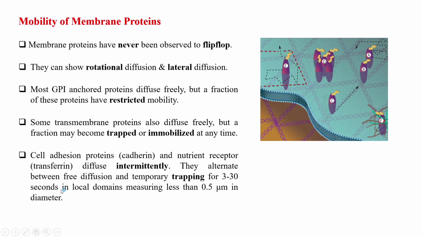They alternate between these two states of mobility in local domains, because the plasma membrane contains some domains that are protein rich and others that are lipid rich. So they show mobility in local domains measuring less than 0.5 micrometer in diameter.